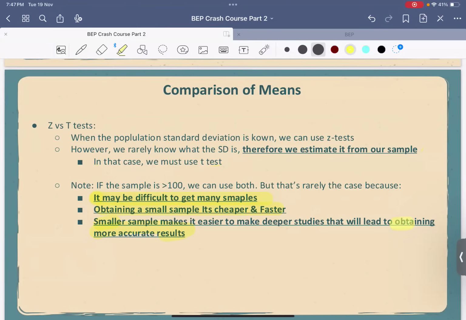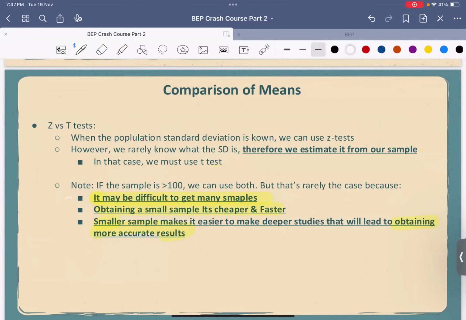When we obtain and test the results, there's a higher chance of error and less accuracy if we have a large sample size. So this is 100% again a question in the exam: why do we use a small sample size? And these are the reasons.